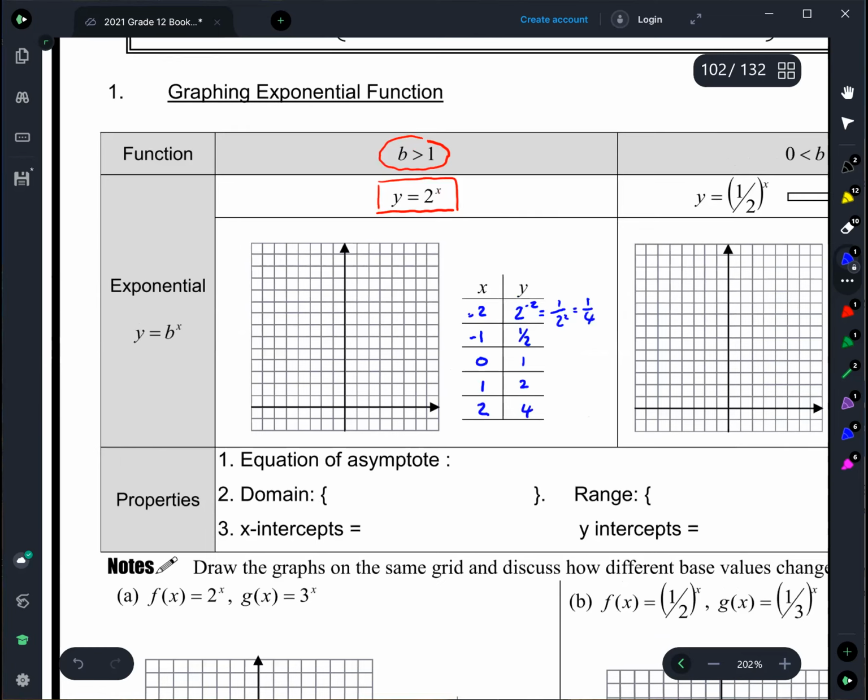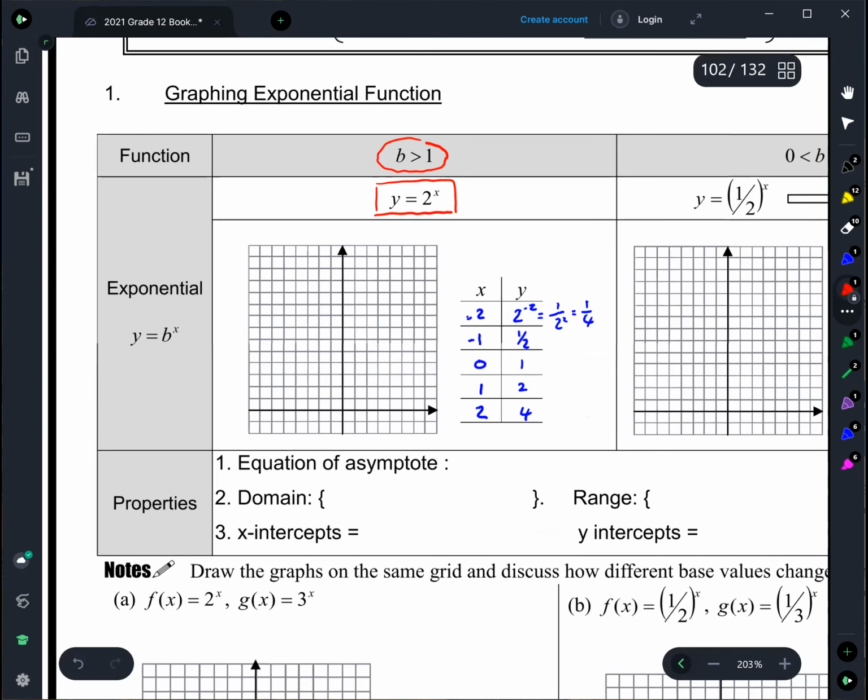So now we're plotting the points. -2, 1/4. 1/4 is quite small, so we can only approximate. -2, 1/4 is about there.